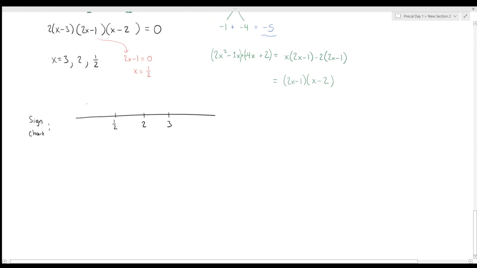And then we'll pick a test point again in each of these intervals. And then we'll plug each of these test points into f of x. And again, using the factored form of f is going to be a little bit more convenient.